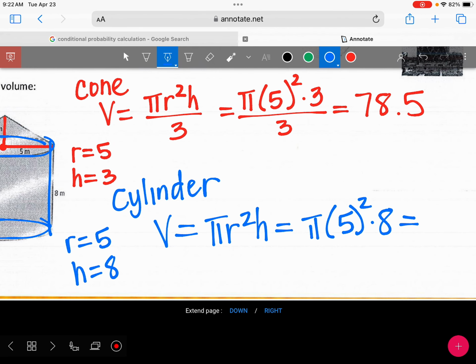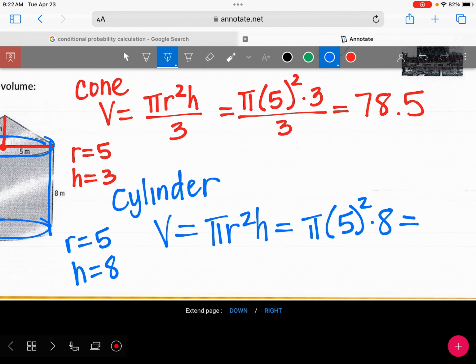Go ahead, type that in your calculator and change it to a decimal.